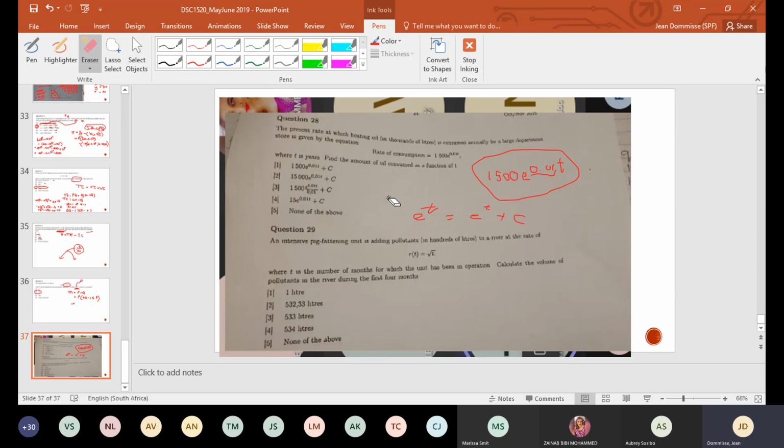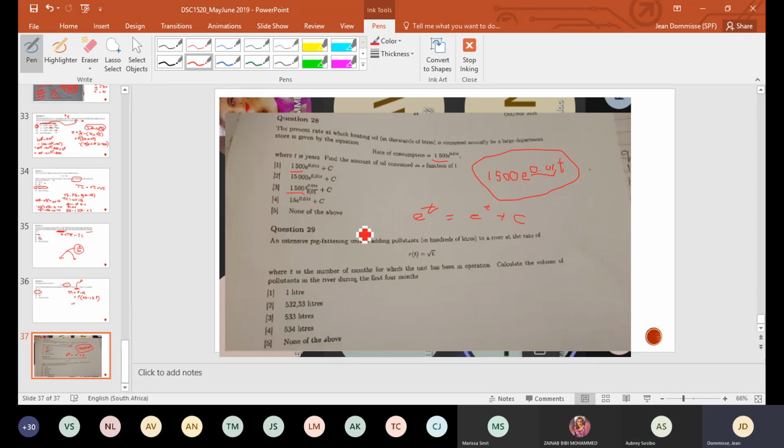Let's quickly check. That is a good question. Since I haven't worked it out at all, I assume it's because the 1,500 in front stays the same.